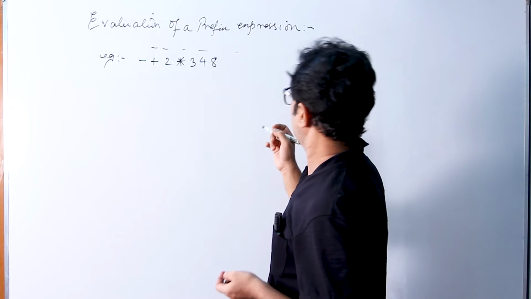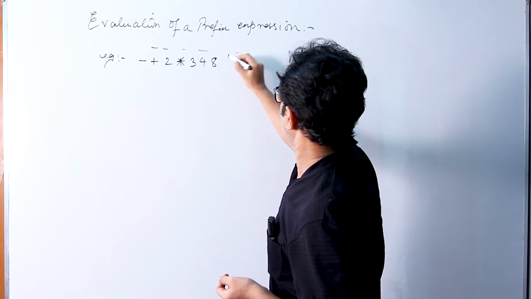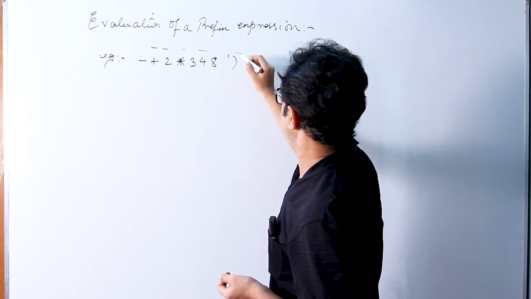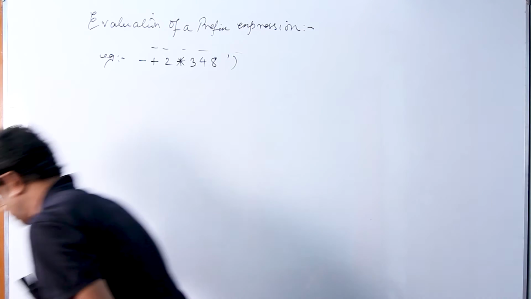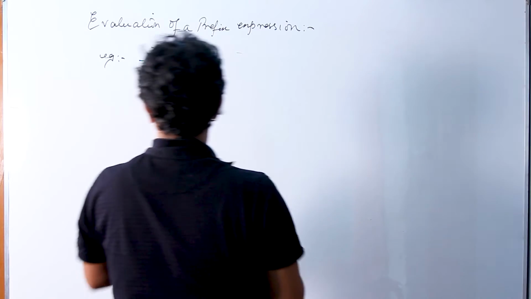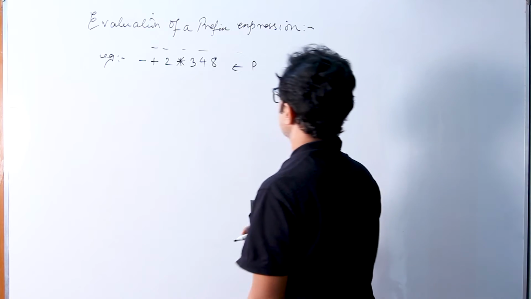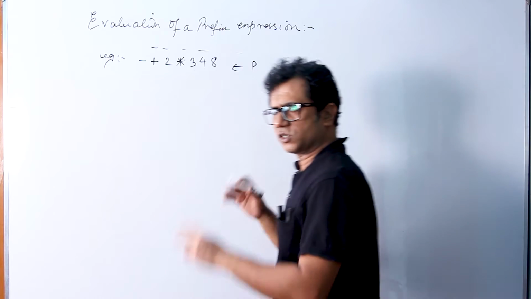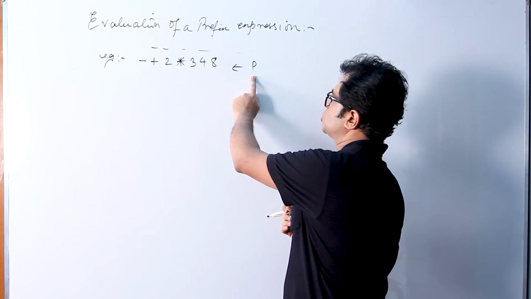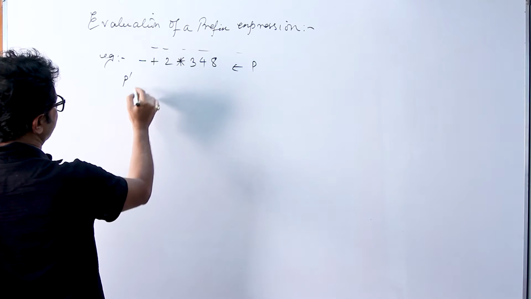First of all, we need to just reverse the expression. The input is a prefix expression, we call it P, and now I will reverse it into an expression which can be called P dashed.